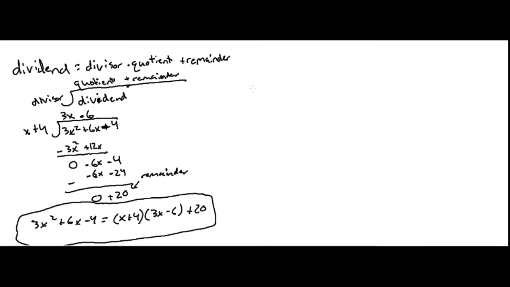Now let's get into the next example problem. Let's say we have 2x squared minus x plus 2, and it's going to divide 8x to the 4th plus 6x squared minus 3x plus 2.